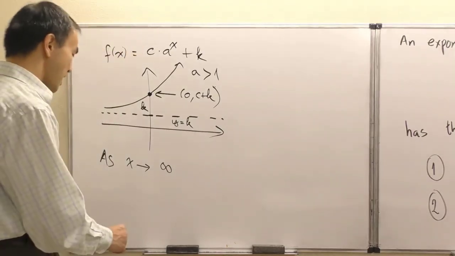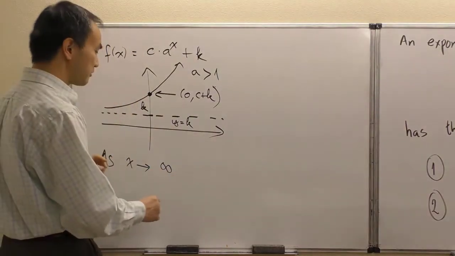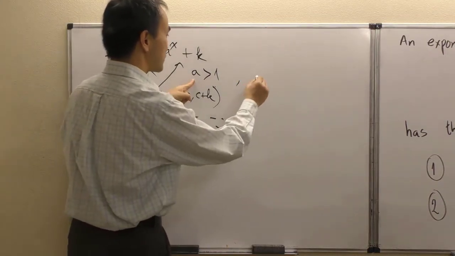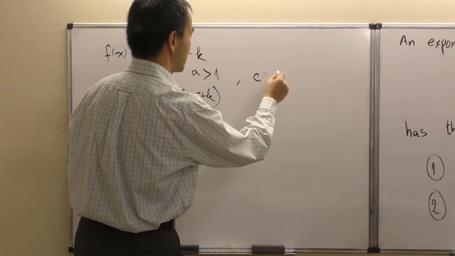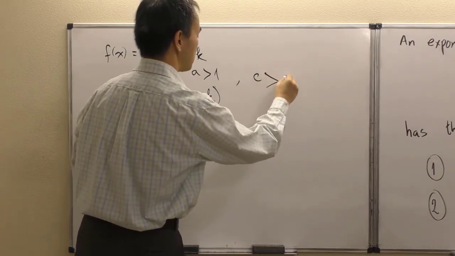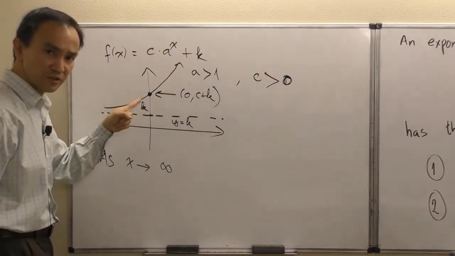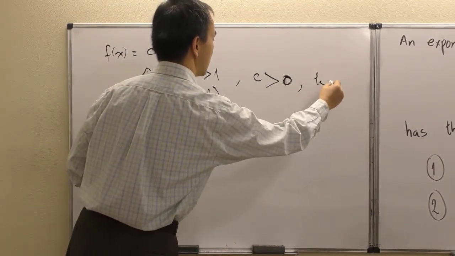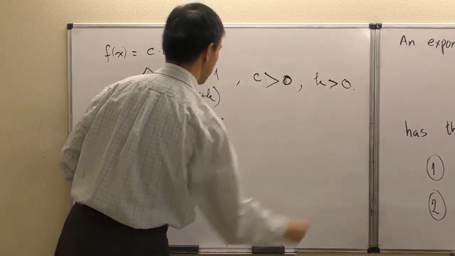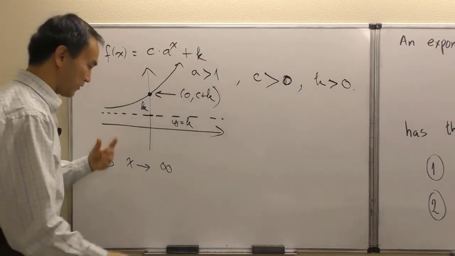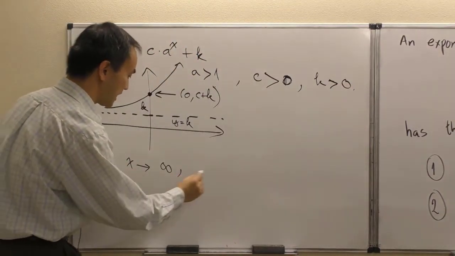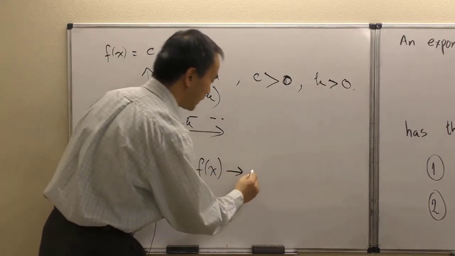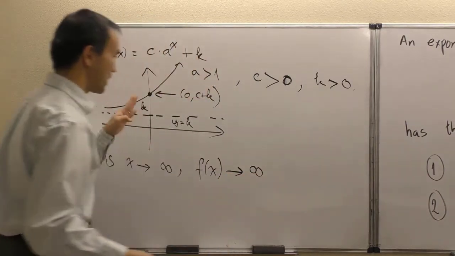So for this particular graph, a is greater than 1, and c is a positive value. And k here is generally positive as well. Whatever that value is, the function is getting to positive infinity on one end.